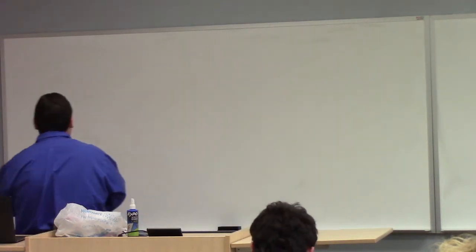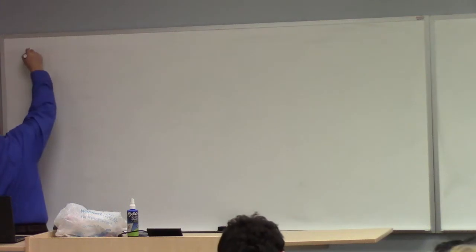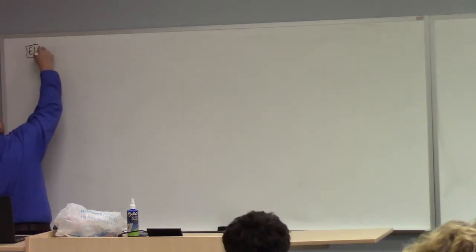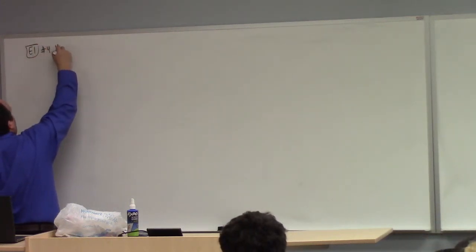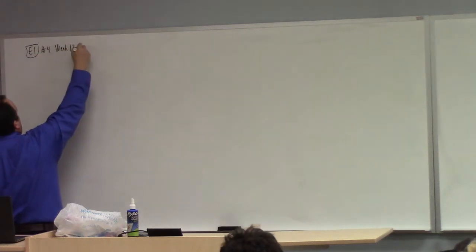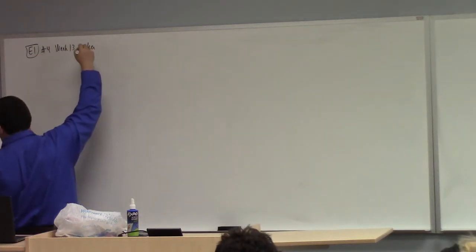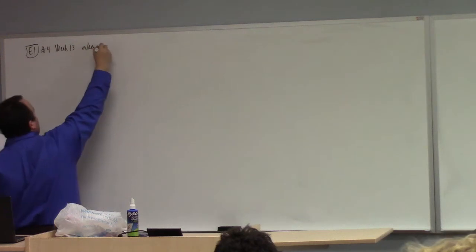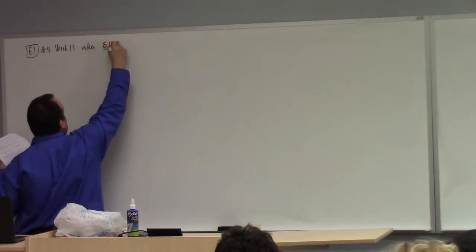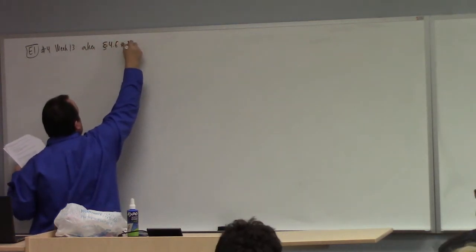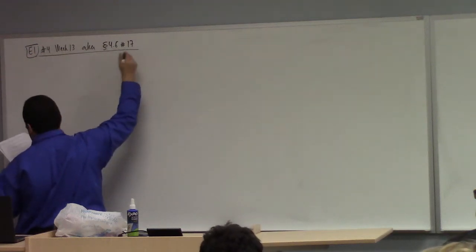All right, so let me get into it. This is, roughly speaking, number 4 in week 13, AKA section 4.6, number 17 for what it's worth. And the problem is this.